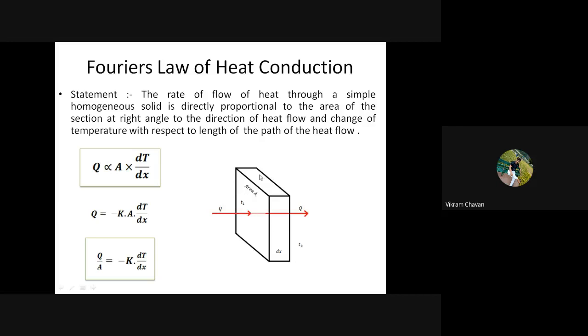This side surface area is capital A, or we can say both sides have area A. This surface is maintained at temperature T1. The other side of this block has another surface which is maintained at temperature T2.